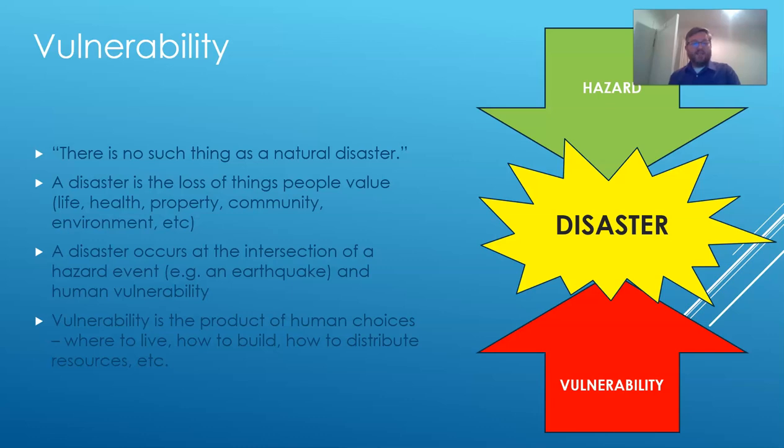We often say there's no such thing as a natural disaster. That expression natural disaster that we often hear is not really what happens, because a disaster is the loss of things people value. So lives, health, property, community, things in the environment that we care about. When we lose those things, when they're destroyed in some sort of event, we call that a disaster.